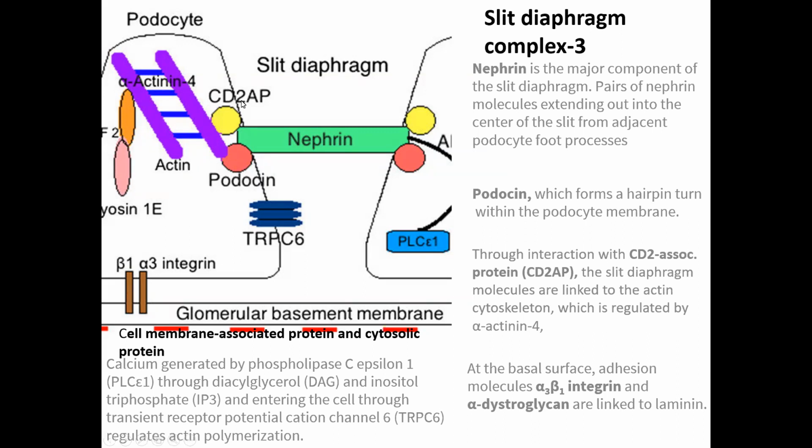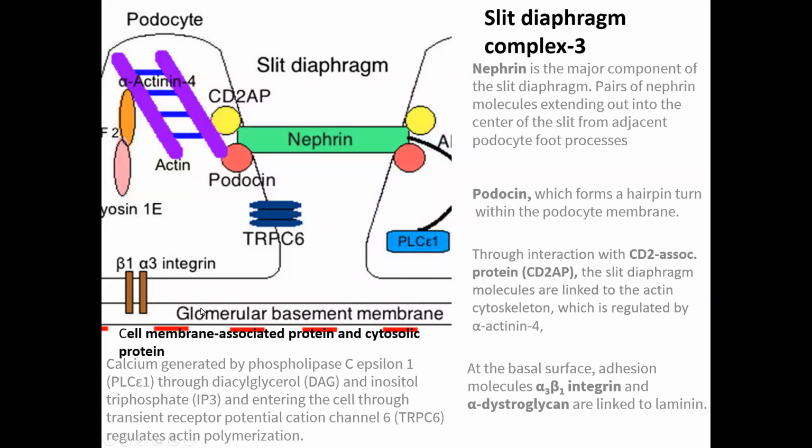Through interaction with the CD2AP protein, the slit diaphragm molecules are linked to the actin, which is regulated by the alpha actinin 4 gene. At the basal surface there are also molecules like alpha 3 beta 1 integrin and alpha dystroglycan that help in linkage to the underlying glomerular basement membrane.